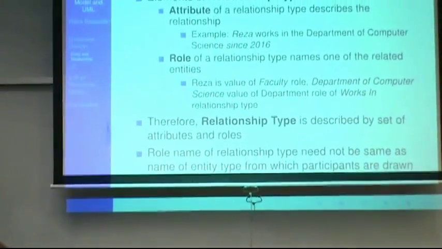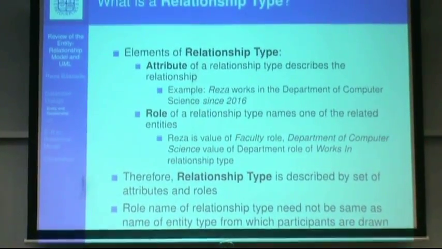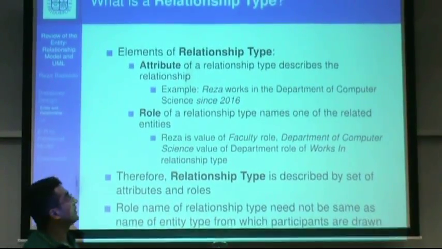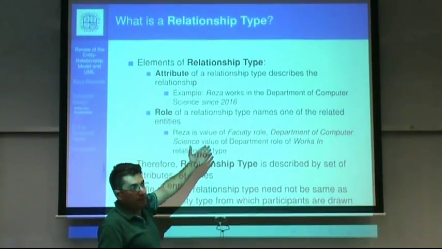So, what are the elements of a relationship? A relationship can have attributes, right? For example, here in this example, Reza works in the Department of Computer Science since 2016.